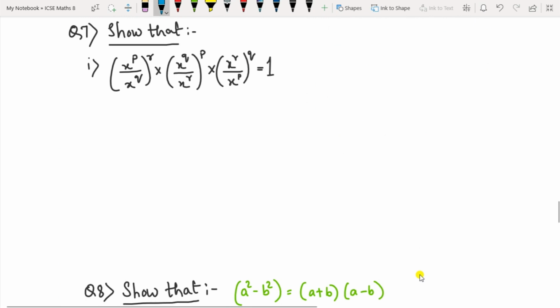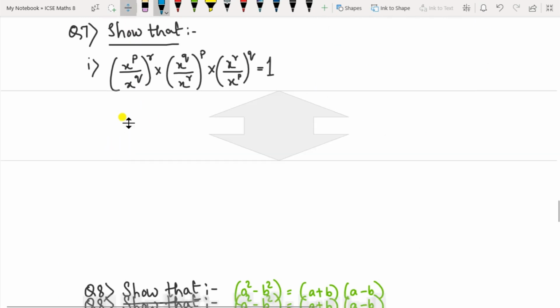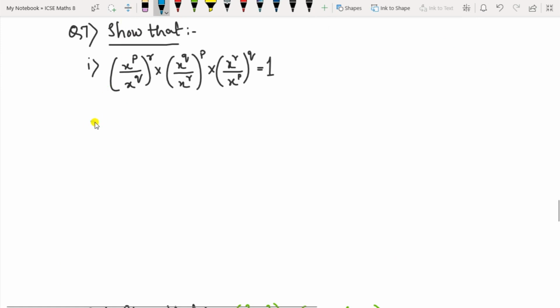Question 7. So for question 7, similarly the power is r here outside the bracket, multiply with each of the term inside the bracket, x raised to pr upon x raised to qr multiply by x raised to pq upon x raised to pr.